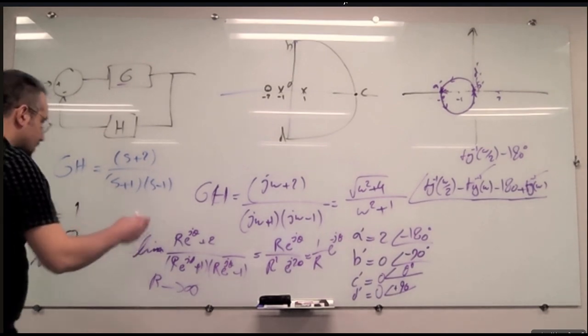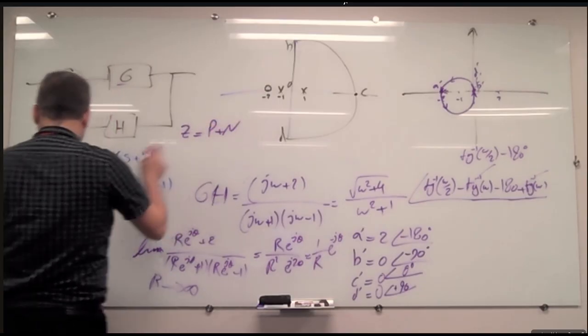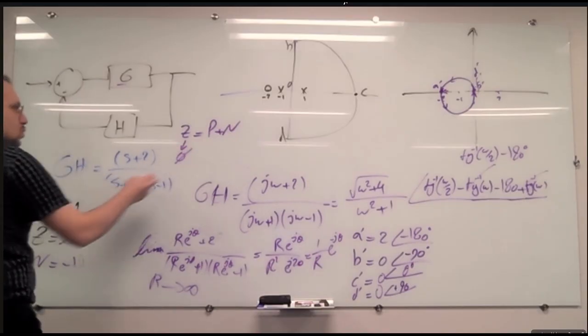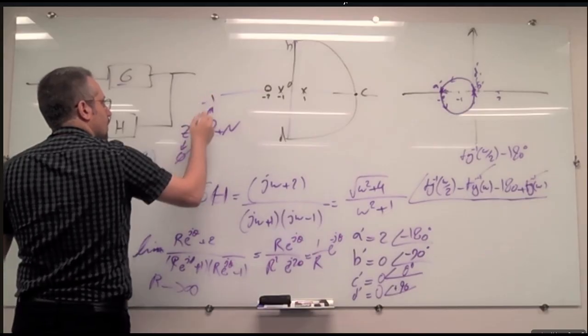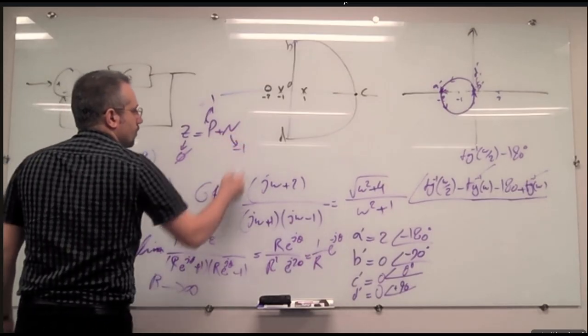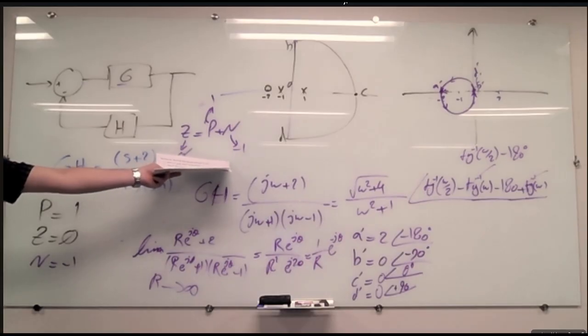Our condition was Z equal to P plus N. Z is 0, P is 1, N is -1. The condition is met.